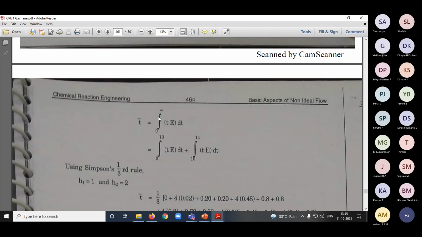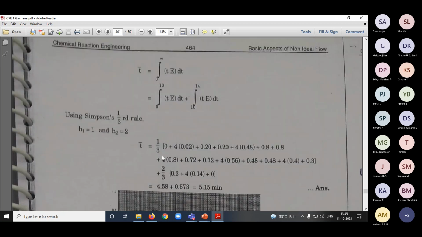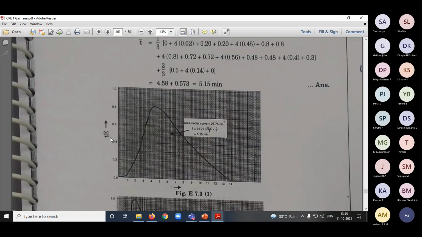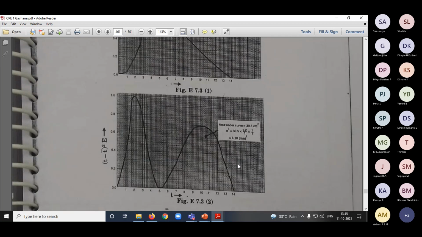That is what t bar is: integral 0 to infinite t E dt. So either you can calculate, or you can split the limits and use Simpson's rule and calculate. So this is t into E, and (t - t bar) squared E divided by t. You are getting 2 peaks. That means that there is some bypass.